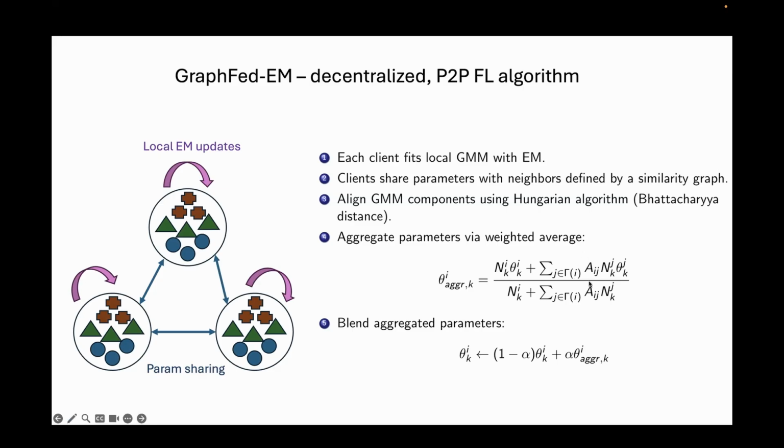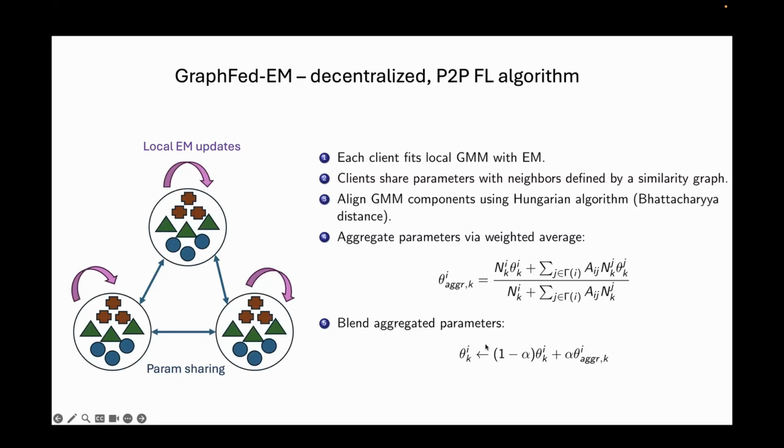So we have this Aij, which is a weight on each edge connecting two different nodes. And also we have this Nk, which basically reflects the effective sample size for which each component, each Gaussian, is responsible. And then we just normalize it by the total weight. It's a weighted average of all locally optimal parameters.